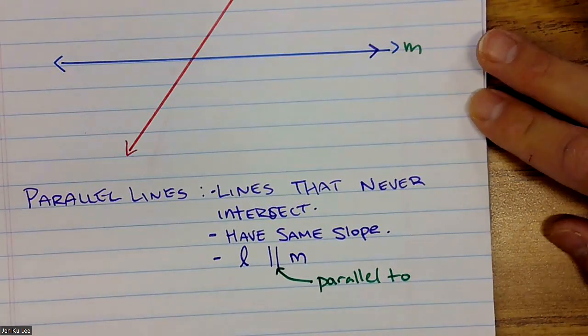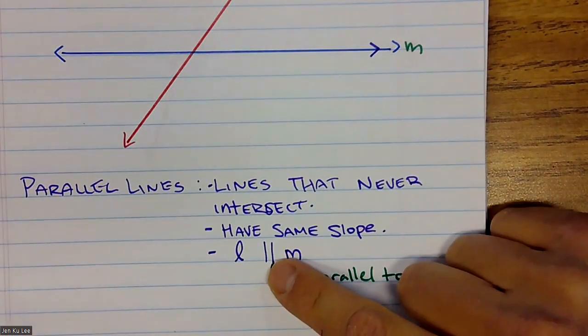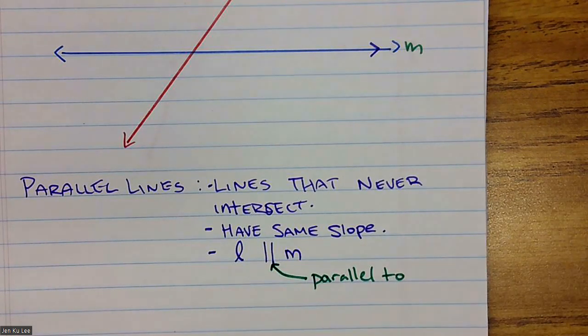Okay? Whenever you see this, that means it's parallel. That's just a notation of parallel lines.